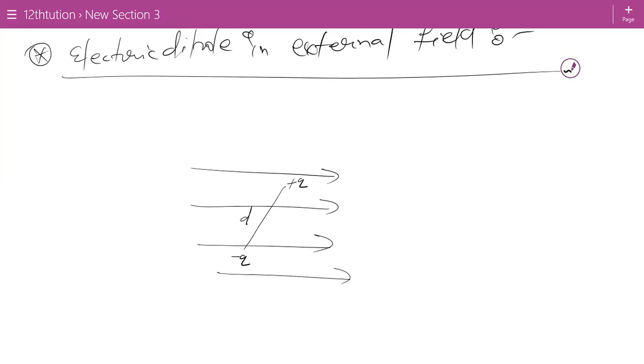And there is one more thing also. If there is an electric dipole with minus q and positive q, the direction of the dipole moment will be from negative to positive because it is a vector quantity. P is equal to q d, so you can say q d n cap, where n cap is in the direction from negative to positive.